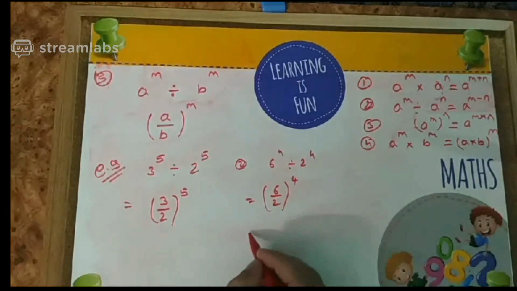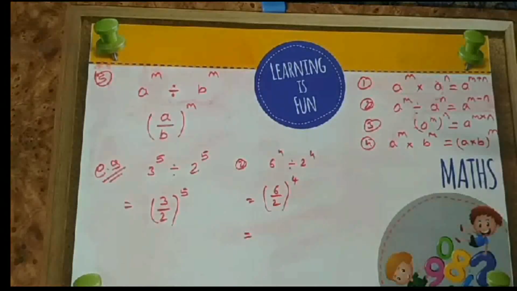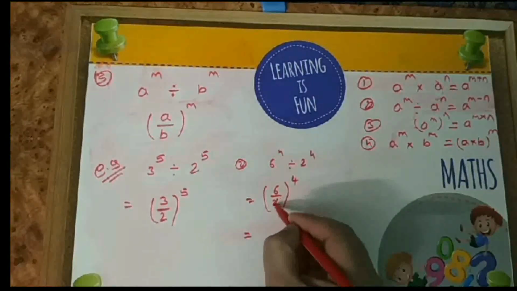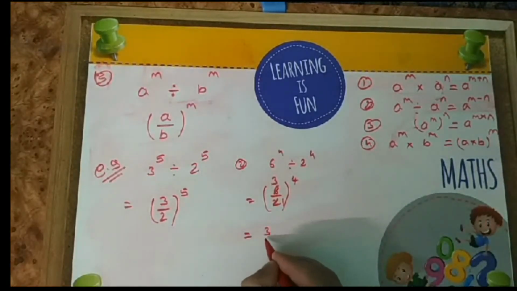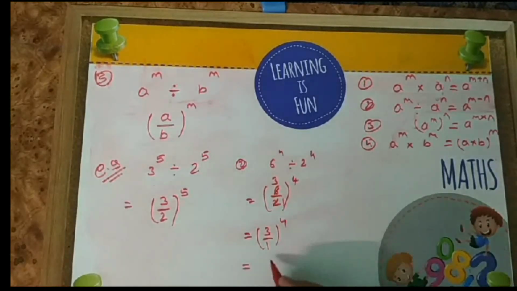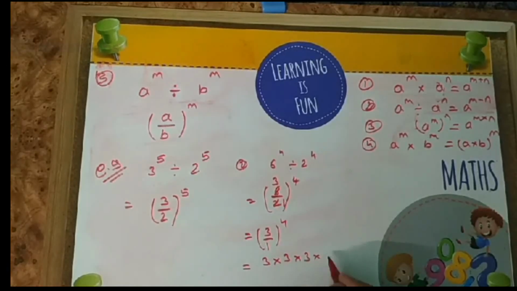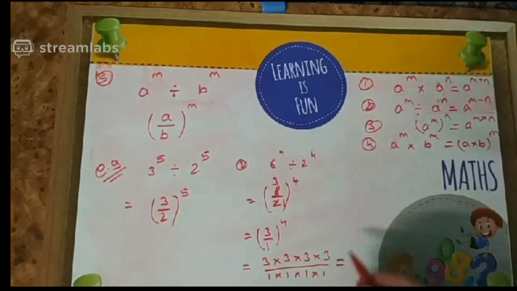In this question, as you can see, both numbers are even, so we can go for the simplest form. 2 ones are 2, 2 threes are 6, so 3 upon 1, power 4. Further simplifying, 3 multiplied by 3 multiplied by 3 multiplied by 3, upon 1 multiplied by 1 multiplied by 1 multiplied by 1. So our answer will be 81 upon 1.